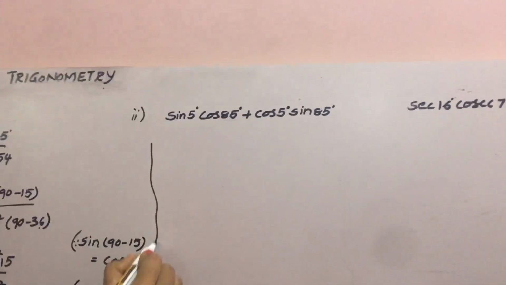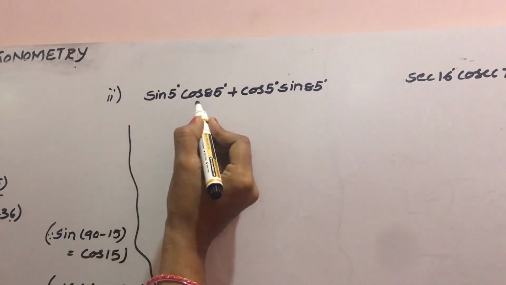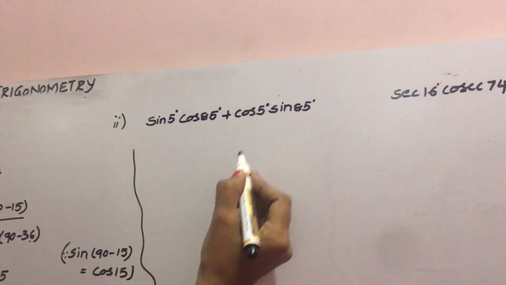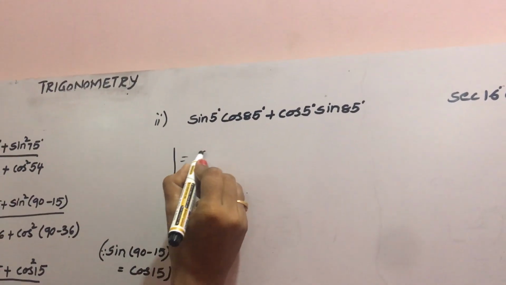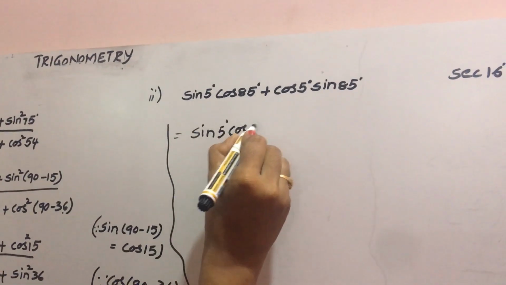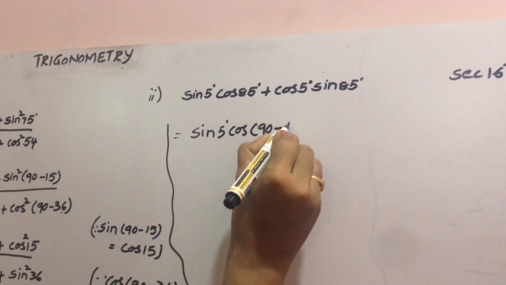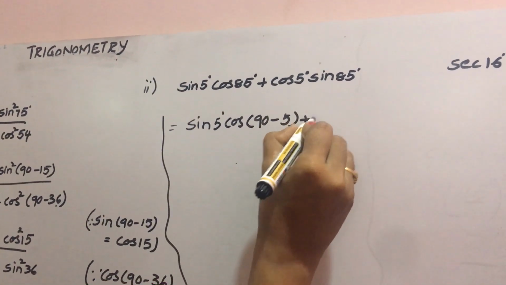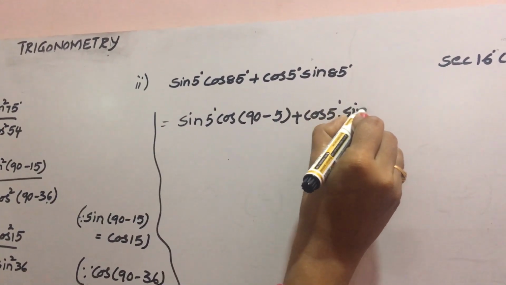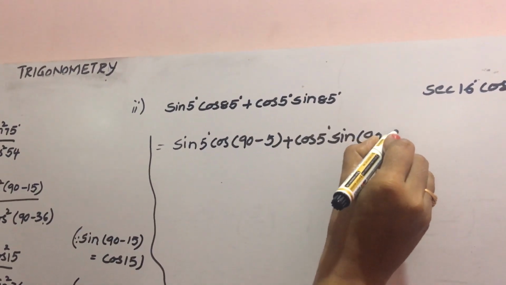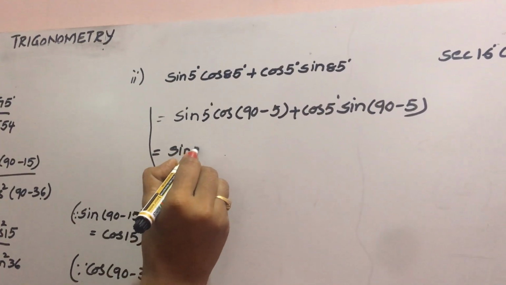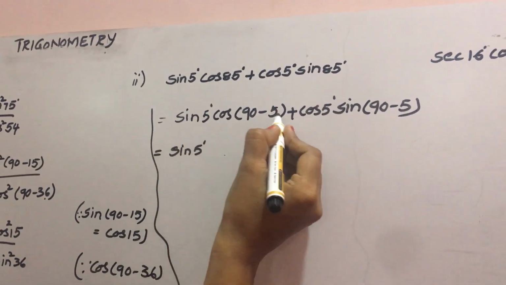What is given in the problem? Sin 5 degrees into cos 85 degrees plus cos 5 degrees into sin 85 degrees. This can be written as sin 5 degrees into cos 85, which can be written as cos (90 minus 5), plus cos 5 degrees into sin 85 degrees, which can be written as sin (90 minus 5), which is equal to sin 5 degrees into, what is cos (90 minus x)?